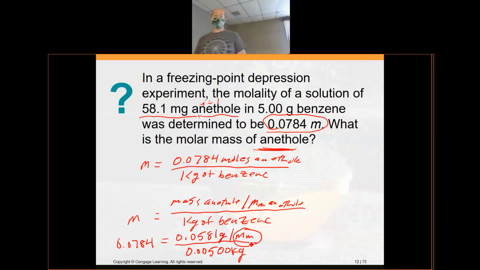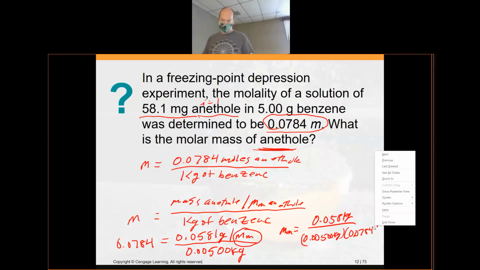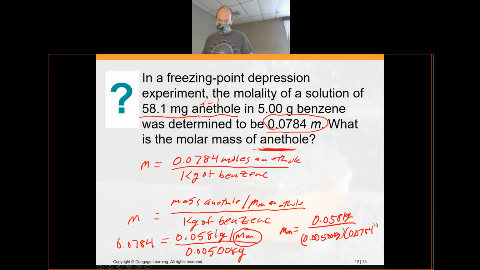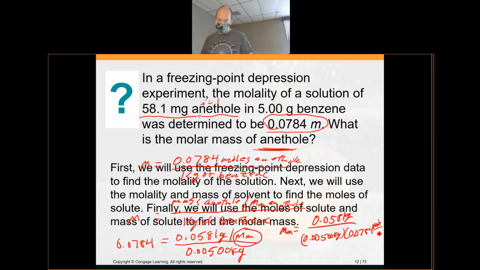And so you simply multiply both sides by molar mass, and then you divide both sides by the 0.0784, and you get the kilograms cancel the kilograms, and in the numerator you have grams, and in the denominator you have moles.